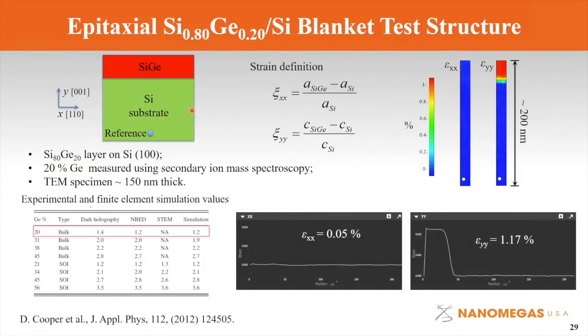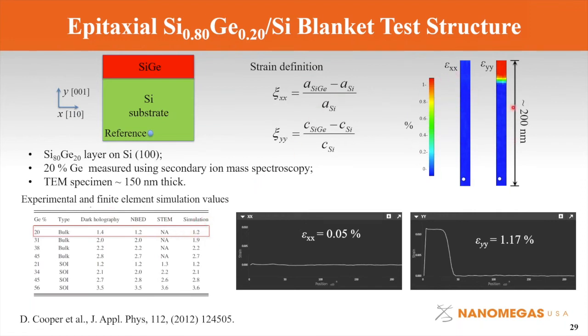The accuracy of strain mapping techniques is typically evaluated using a silicon germanium on silicon blanket test structure. The structure has a known amount of germanium, and the thickness of the layer is also known. The expected strain can be simulated using finite element simulation, and it is about 1.2%.